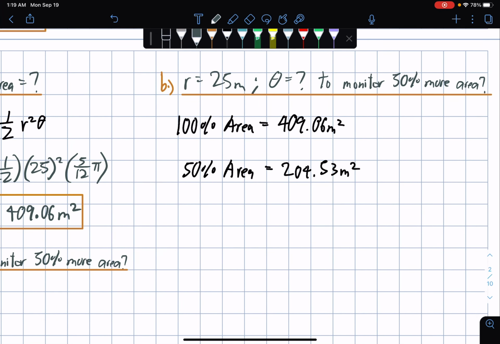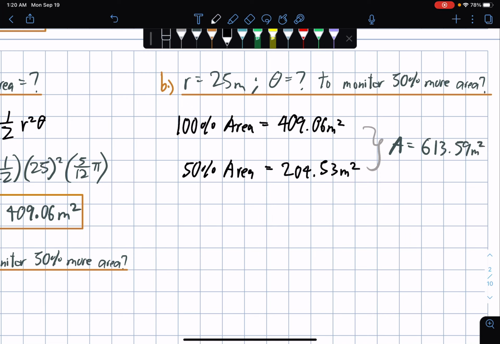Now, logically speaking, 50% more area, so from the current value of 100% area, we just add 50%, so that makes 150%. Basically, finding the sum of these two values. So our new area for this situation is 613.59 meters squared.